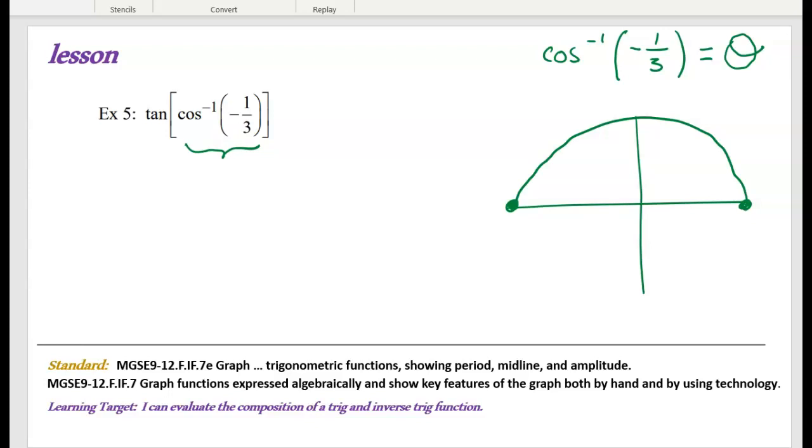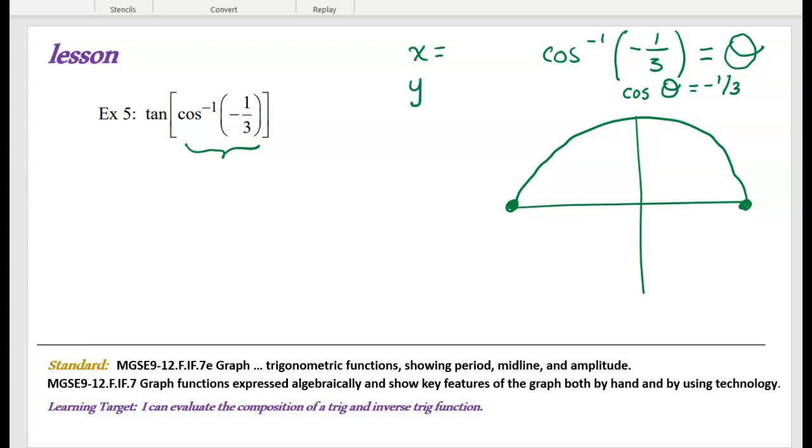So in this problem, cosine inverse, which means thinking backwards, cosine of some angle equals -1/3. So if cosine is negative, then I'm to the left, right? X is negative. So I have to be in the first or the second quadrant, and theta has to be in the second quadrant. So let's write this out.